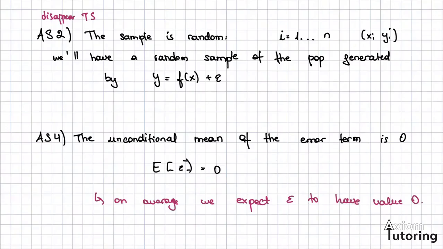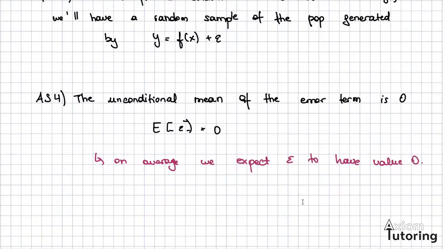Keep in mind, this is very different from the conditional mean, which we have seen in other videos. And the conditional mean is actually the fifth assumption. But before I introduce you to the fifth assumption and why it is one of the most important assumptions, I just want to make sure that you understand in some of the books, most of the times, this fourth assumption might be completely disregarded.